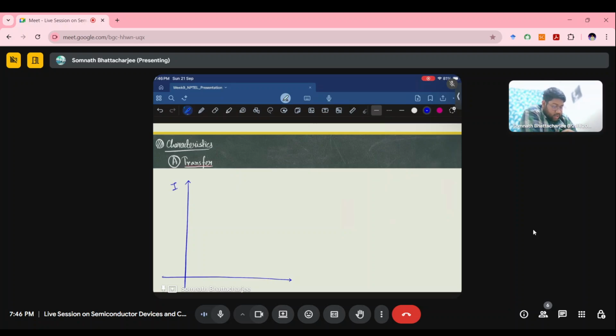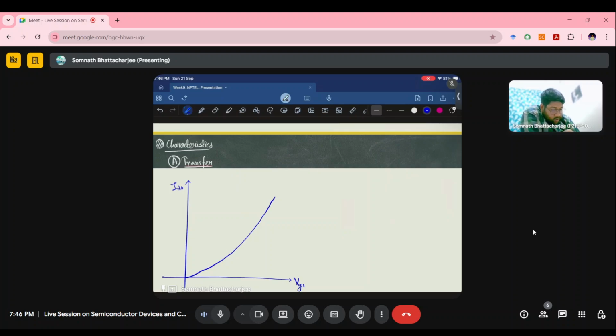And if this is the IDS value with respect to the gate to source voltage, the IDS value looks something like this.